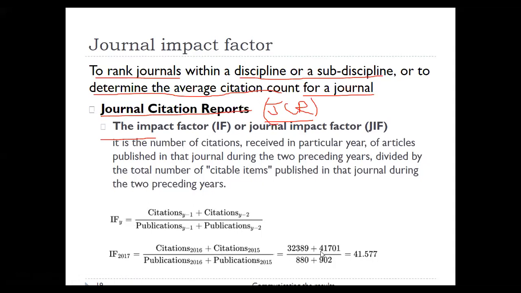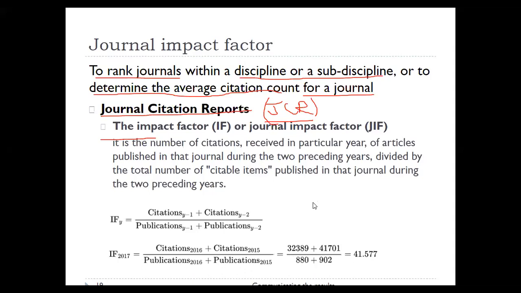Suppose in 2015 the journal received 41,701 citations, and in 2016, 32,389. And if that journal published 902 articles in 2015 and 80 articles in 2016, then the impact factor will be calculated by solving this expression, and it will be 41. So this is how the impact factor is usually calculated.